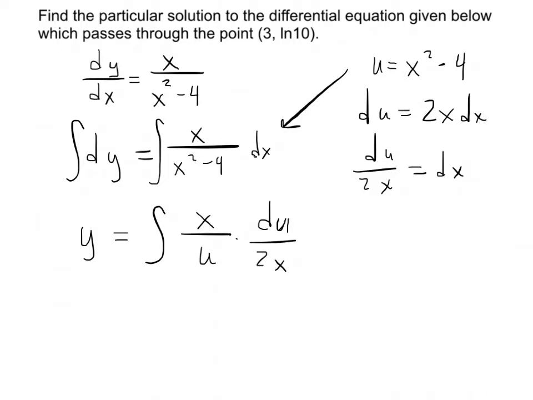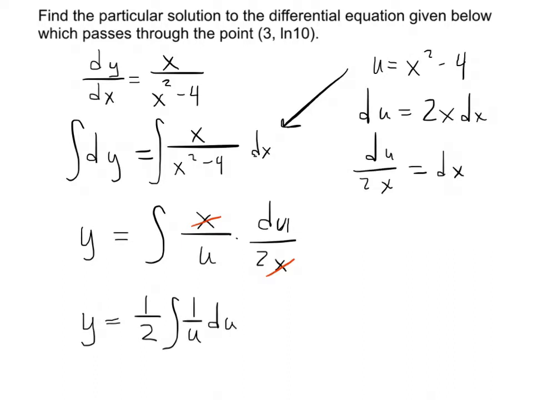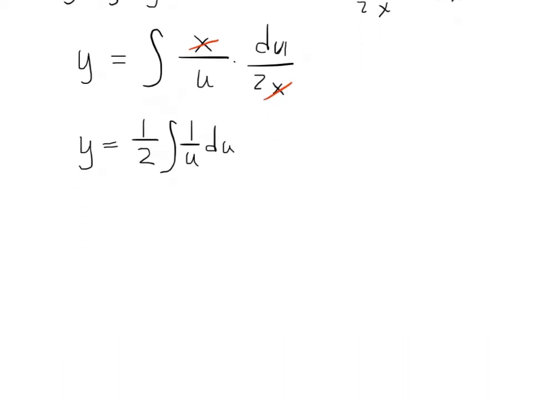This works out really nicely because there's an x on the bottom and on the top. I'm trying to write down step by step what's happening here. The left side is still y. The right side, I still haven't taken an integral yet, so this is 1/2 the integral of 1 over u du.